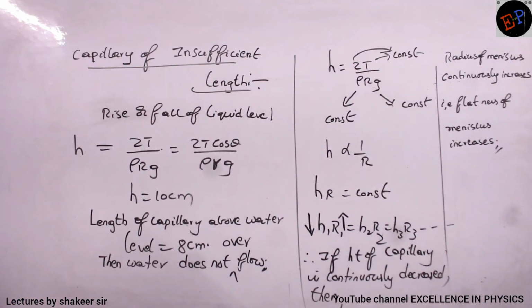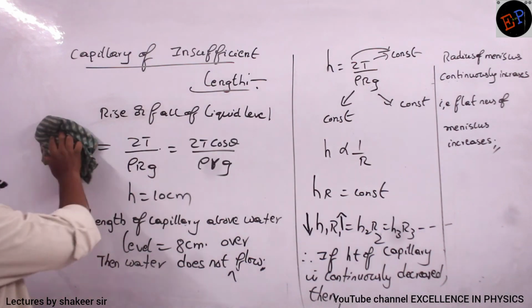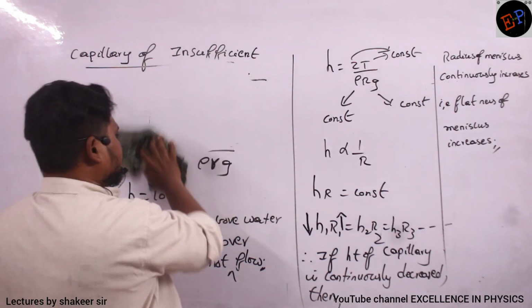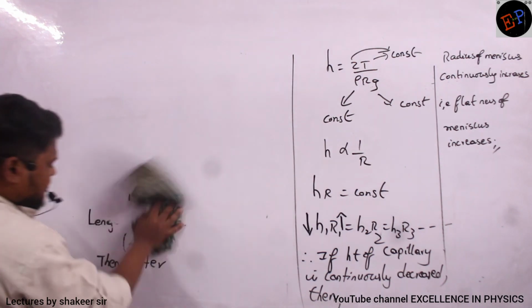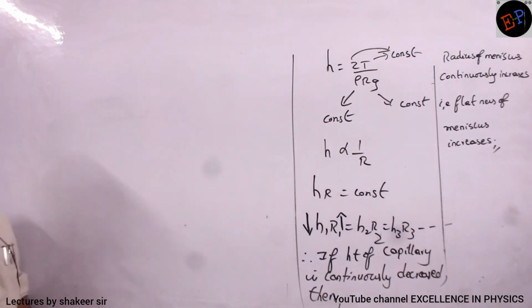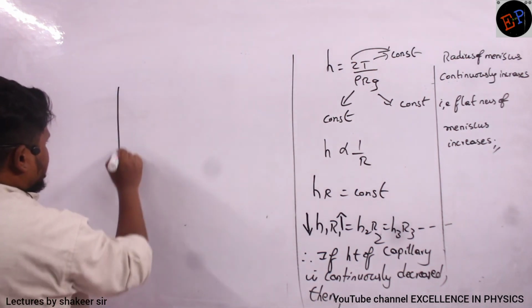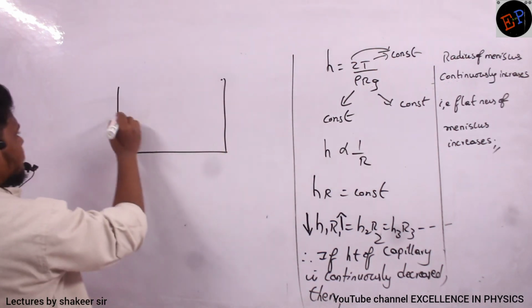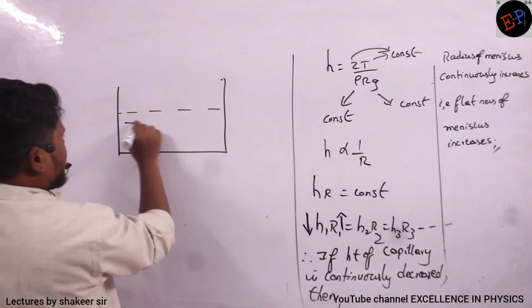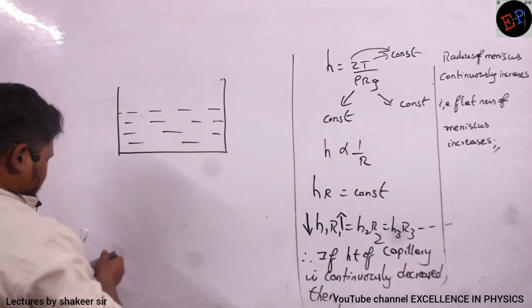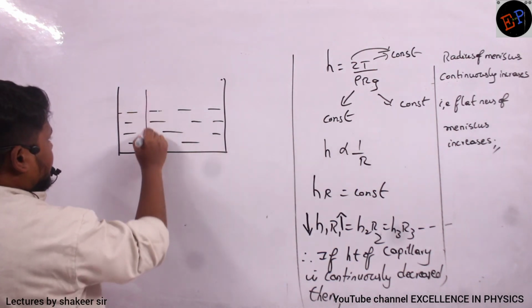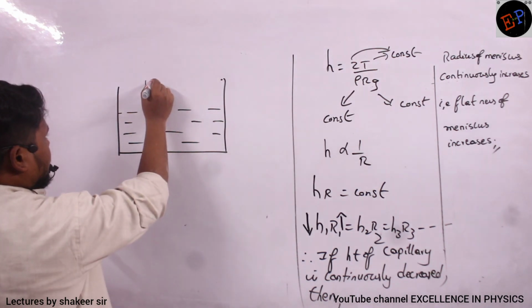And if I try to draw a diagram of this, this is how I can draw it. For example, this is a tank. This is the level of water. So this is one capillary.